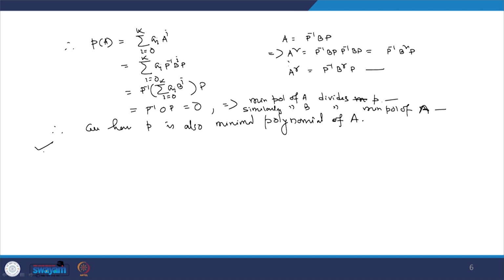Another interesting result is the relation between the characteristic polynomial and the minimal polynomial.